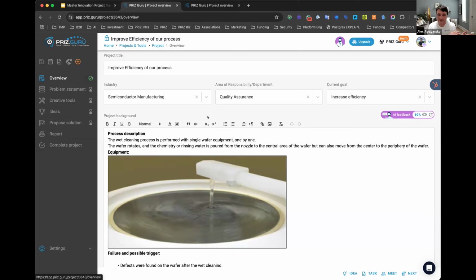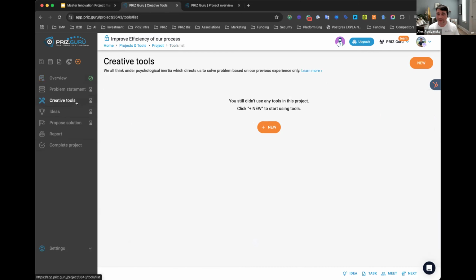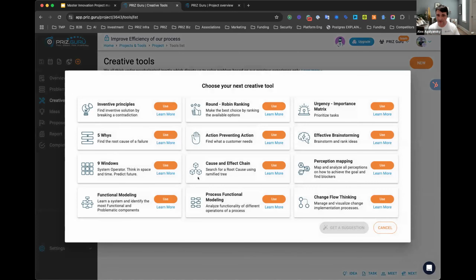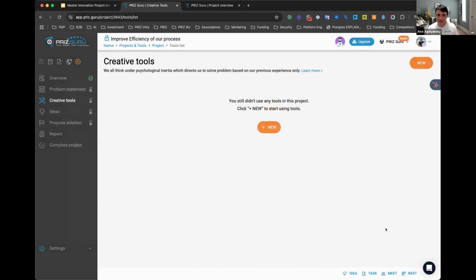We don't want to enforce, we want to guide through some sort of process, but leave it unstructured, right? So we probably need to work on the UI elements, but yes, go ahead and use the tools. Technically, nothing stops you from using any of these tools at any moment in time, right?